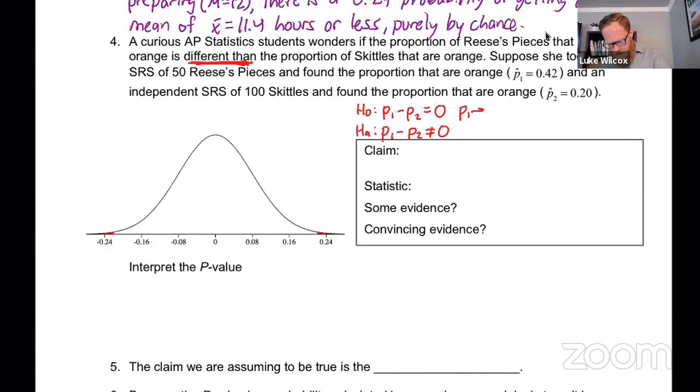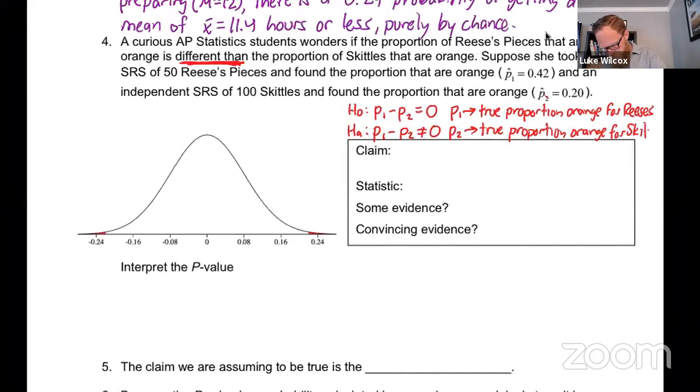Now, we do need to clearly identify our parameters here. So I'm going to identify P1 as being the true proportion that are orange for Reese's. And P2 is going to be the true proportion that are orange for Skittles. Okay, so now let's get to the claim that we're going to assume to be true in order to come up with our picture here.